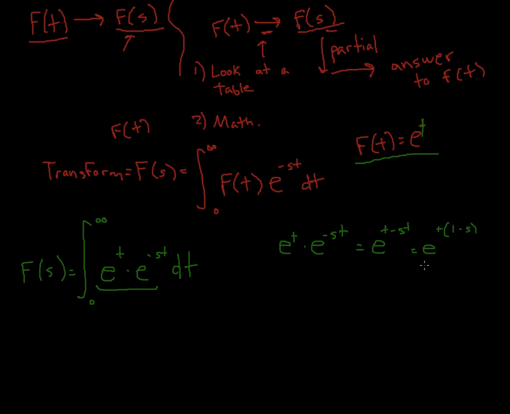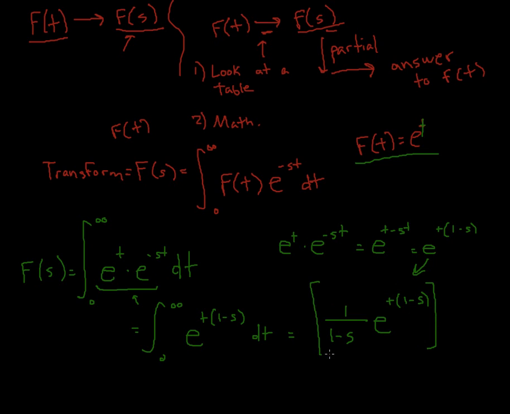So when we put this back in, we now just have the integral from 0 to infinity of e to the t times 1 minus s dt. This is a simple integral because 1 minus s is just a constant with respect to t. So you can just treat this as integrating e to the power of a constant times t, which will equal 1 over 1 minus s times e to the t times 1 minus s.